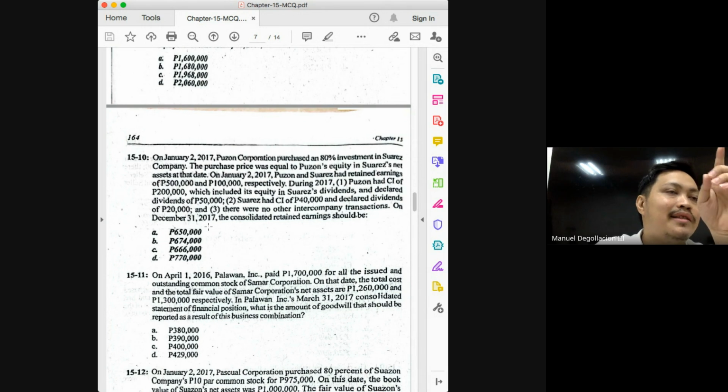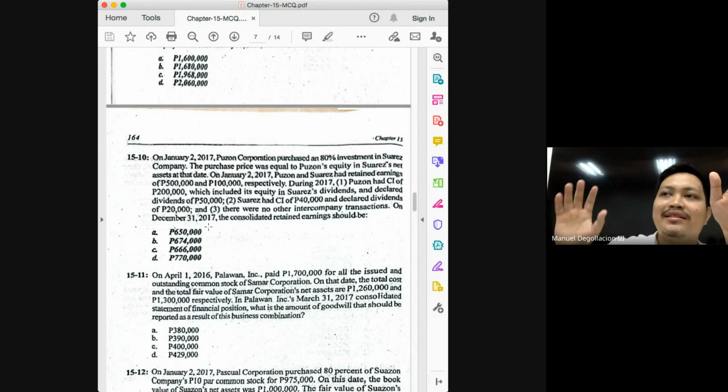And the answer is the latter, class. The income that you are going to add to the beginning consolidated RE would be the consolidated income using the parent approach. But again, please don't make the mistake. The consolidated income under the parent approach is still the income of the consolidated entity. But what did we do? We are simply removing the share of the non-controlling interest.